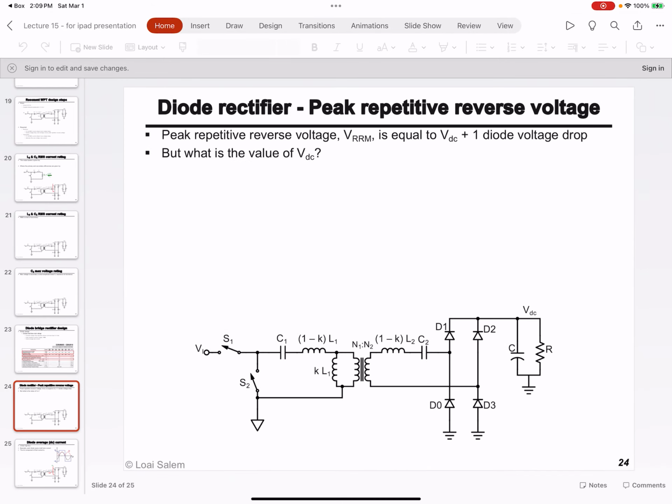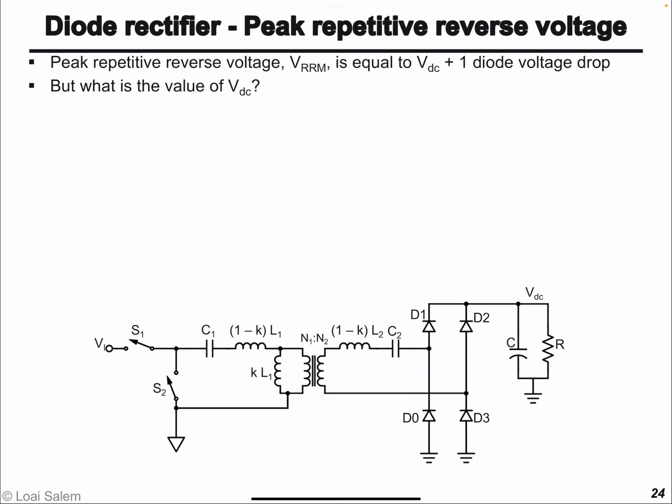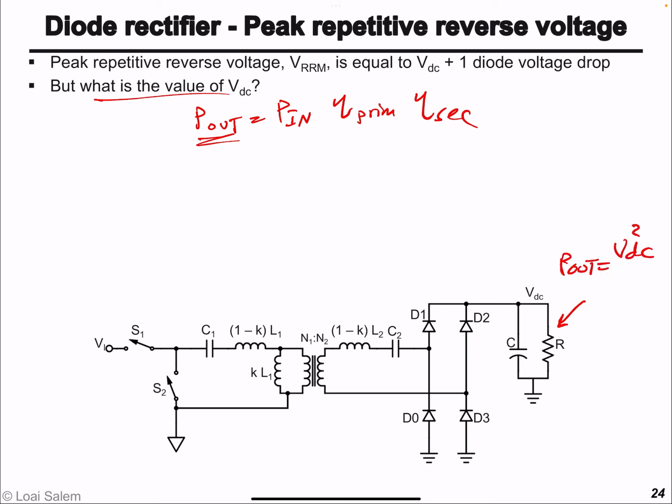Well, we already calculated the output power as the input power multiplied by the efficiency of the transmitter times the efficiency of the receiver. So this output power will be VDC squared.